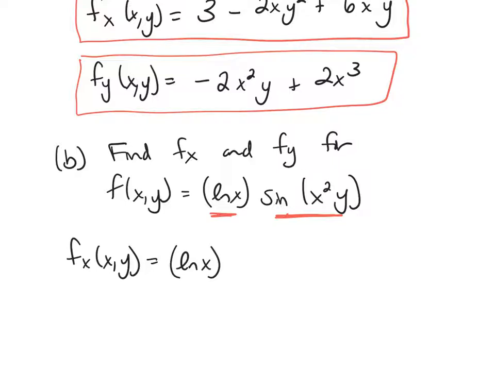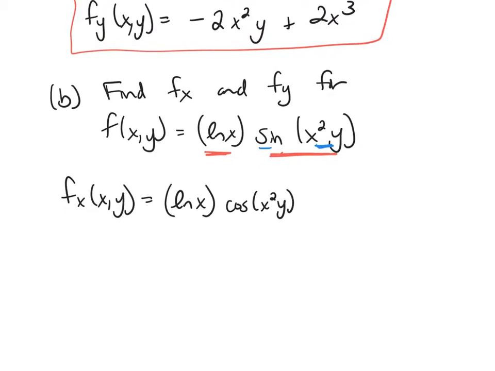So if I look, this is going to be a chain rule. There's an outside and an inside here. So the derivative of sine is cosine. And I need to multiply by the derivative of the inside, but I'm taking the derivative with respect to x. So what's the derivative of the inside with respect to x? It'll be 2xy.